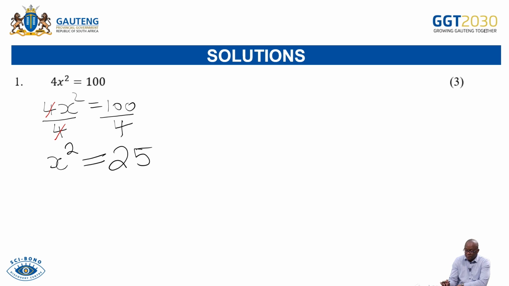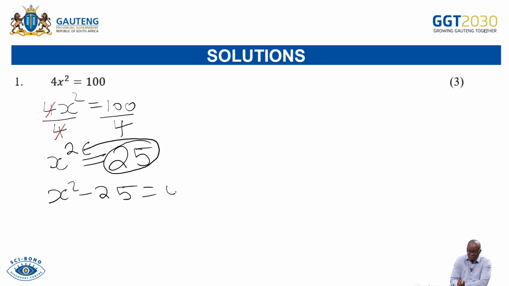Correct? So now what we do, we can transpose this 25 to the left-hand side. We're going to have x squared minus 25 is equal to 0. Then you apply what? Difference of 2 squares. Then we're going to have x minus 5 and x plus 5.